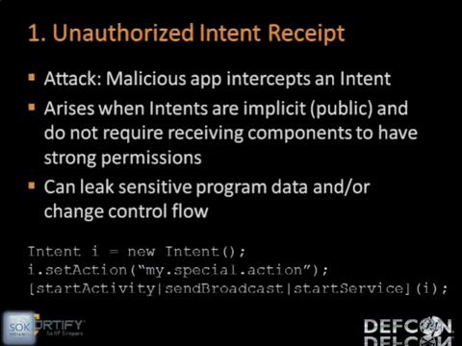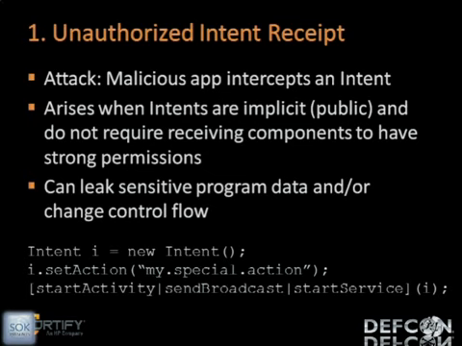So the first attack we have here is unauthorized intent receipt. So in this attack, a malicious application intercepts an intent or steals an intent. So this will occur when the intent that's being sent is implicit, so it's public to the system, and it doesn't require that any receiving components have any particularly strong permissions. So what happens as a result? Basically if this intent is stolen, any data in that intent, the attacker will get that data.